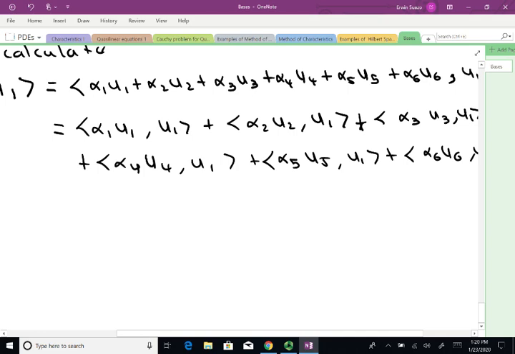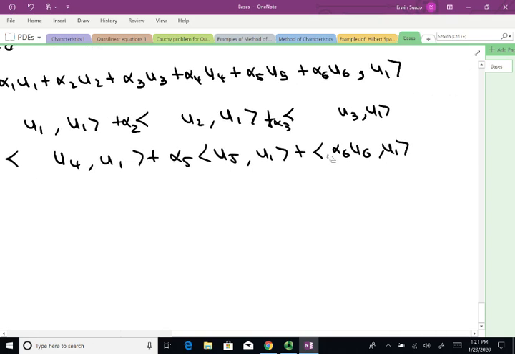Now by properties of inner product, I can take this alpha 1 out, this alpha 2 out, this alpha 3 out, alpha 4 out, alpha 5 out, and alpha 6 out.